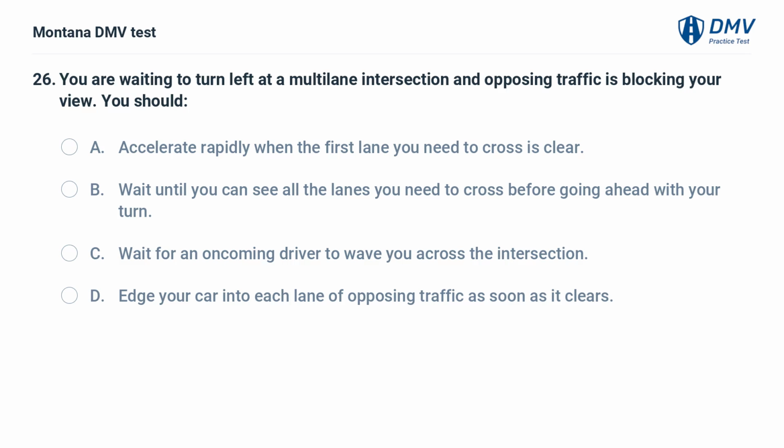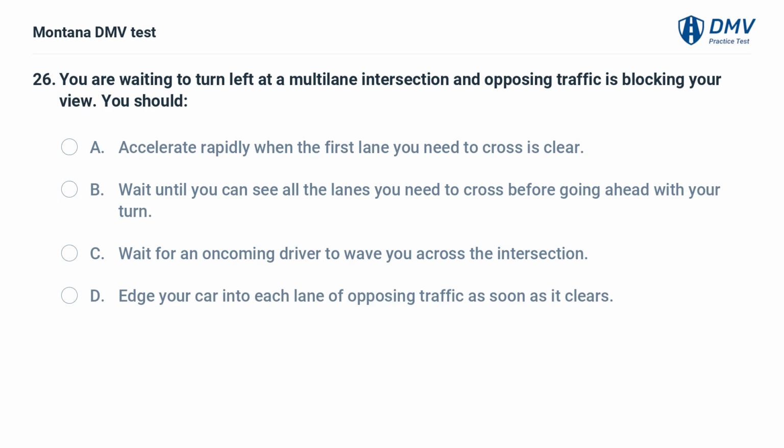You are waiting to turn left at a multi-lane intersection and opposing traffic is blocking your view. You should A. Accelerate rapidly when the first lane you need to cross is clear. B. Wait until you can see all the lanes you need to cross before going ahead with your turn. C. Wait for an oncoming driver to wave you across the intersection.